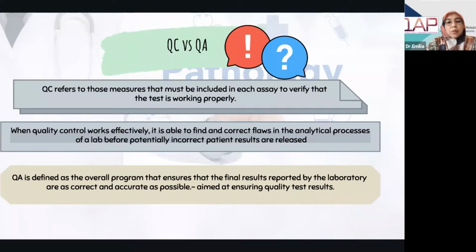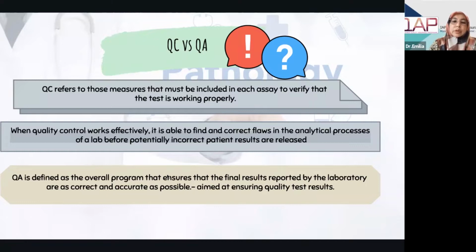We also have another terminology, QA, quality assurance. What is the difference between QC and QA? When we talk about quality control, it refers to the measures that must be included in each of the steps of your test in the laboratory, so that you make sure the test is working properly.